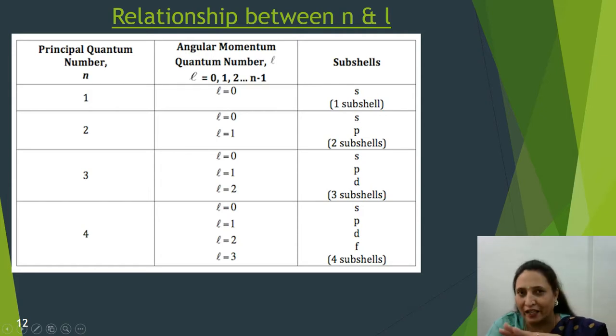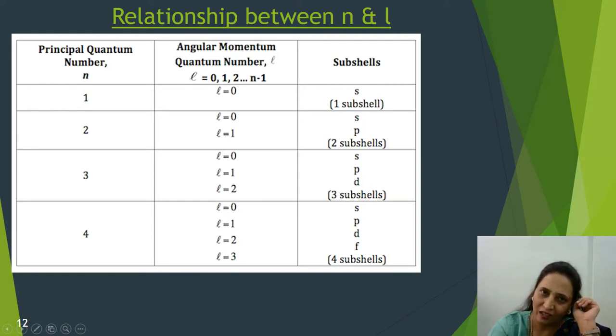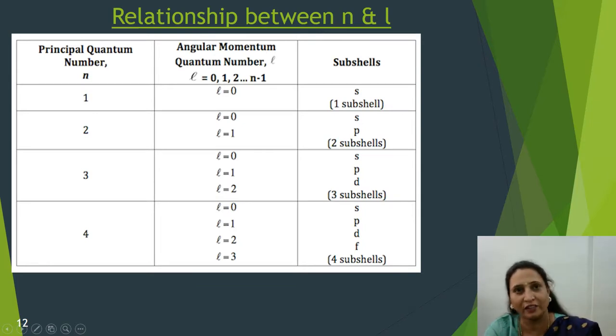Now according to that, when L value is 0, the subshell is S, when L value is 1, the subshell is P, when it is 2, it is D, when it is 3, it is F. So there are a total of 4 subshells present, S, P, D and F, when principal quantum number is 4. So this table gives an idea about n value and the corresponding orbital subshells.